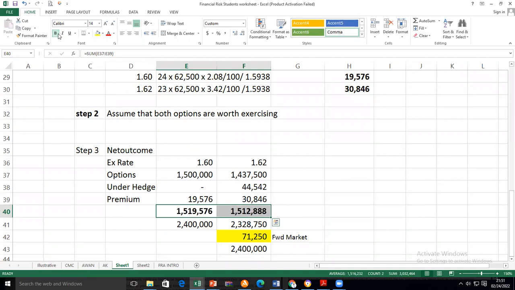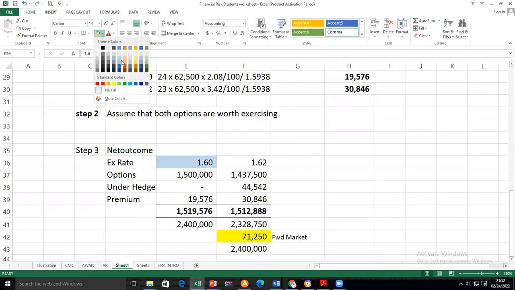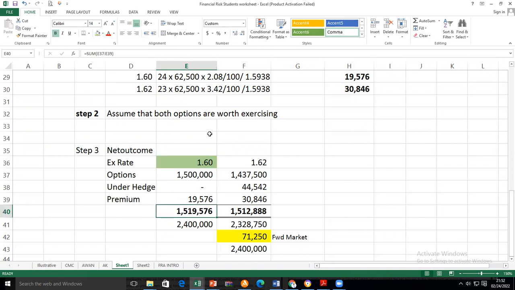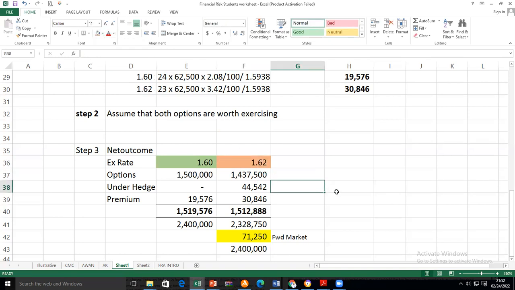These are the final costs of using the options. So if you use an option at 1.6, if you choose that option, that's a cost. If you choose this option here, that's the cost.